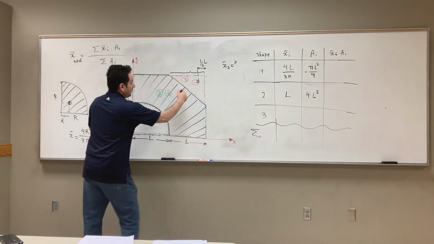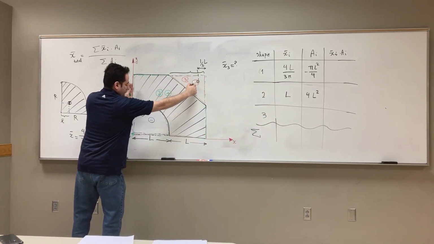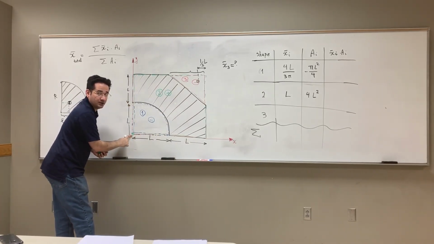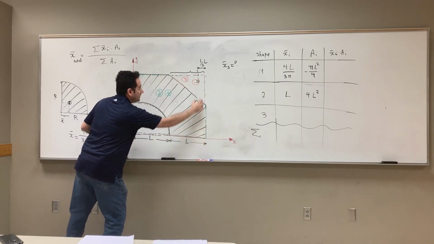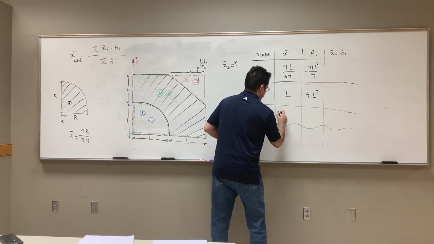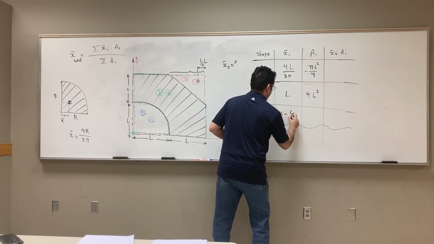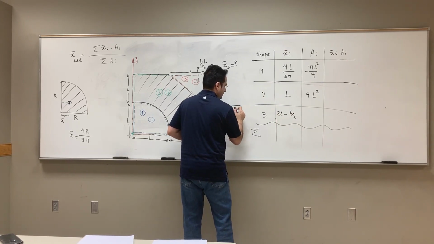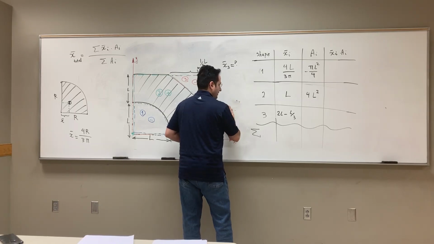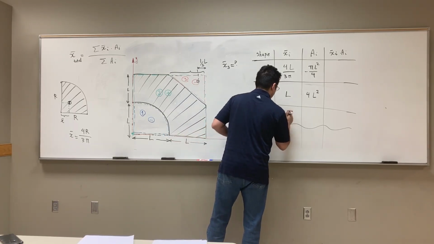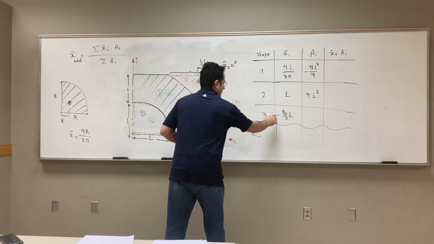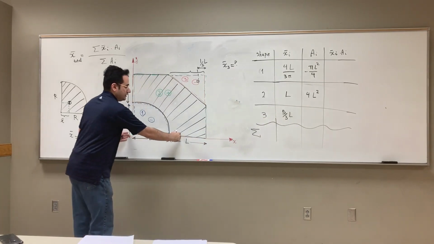No. I need to find the distance with respect to the coordinate system. So it's going to be 2L minus L over 3, the entire thing minus L over 3. So you can put 6 minus 1 over 3, 5/3 of L. Positive or negative? Positive, right?